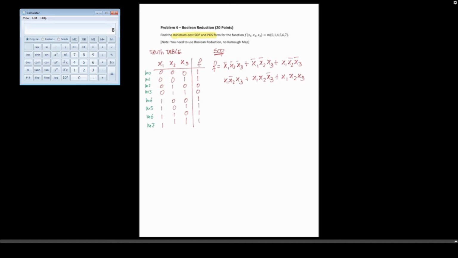Alright, let me pick a different color here, green for example. Alright, these two terms can be together right away, and I get x1, x2 negated. Alright, I'm going to probably put these for now, and then we take care of that. Let's keep going. What else can we find that is a common term? We can group this one with that one.